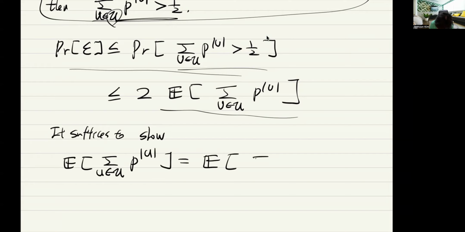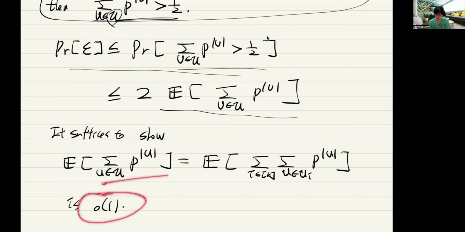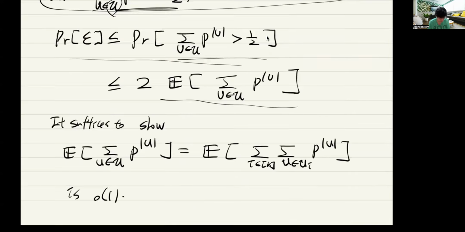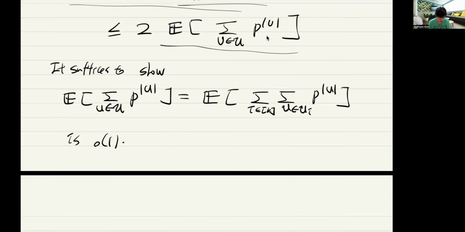You can write it this way. On each Ai, you consider this, which is below 1. So if this one is little 1, then this one is little 1, and this one is 1 minus little 1. So that's going to be our conclusion. Okay, so now we just compute this.